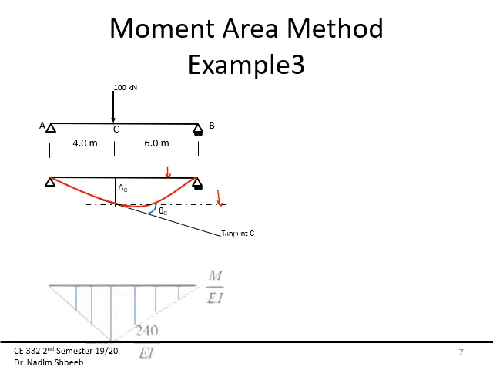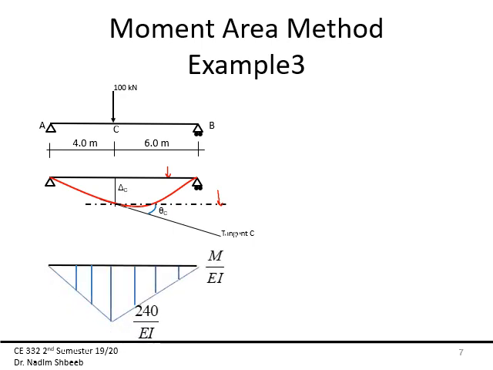So let's start by drawing the moment over EI diagram. This value 240 over EI is simply the 100 kilonewton times 4 times 6 divided by L, which we used to call PAB over L. So this will give me my moment, the 240 over EI.